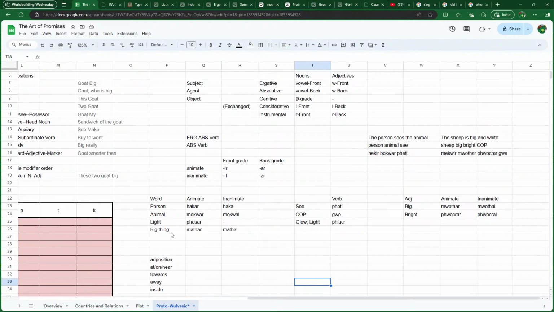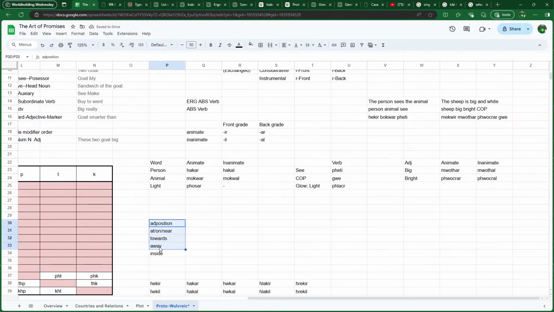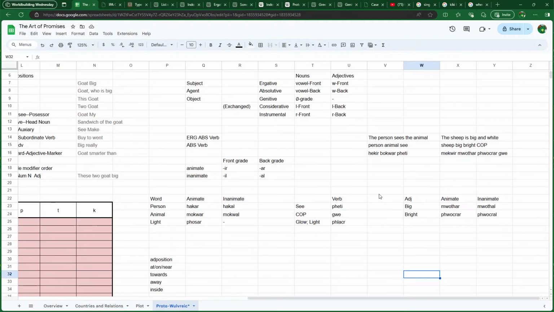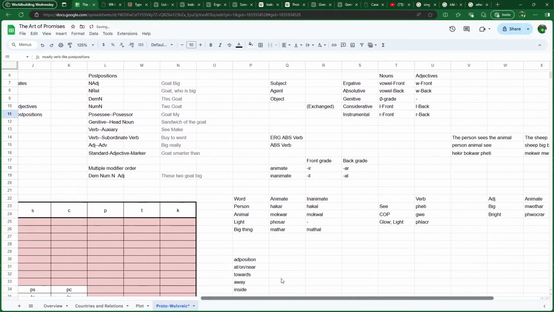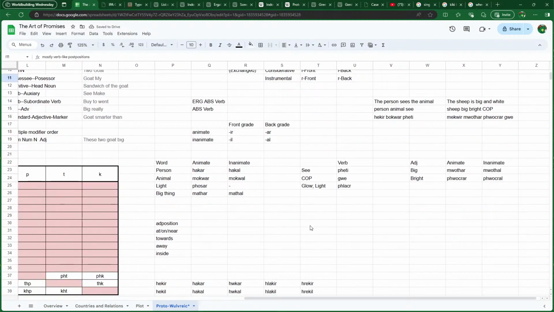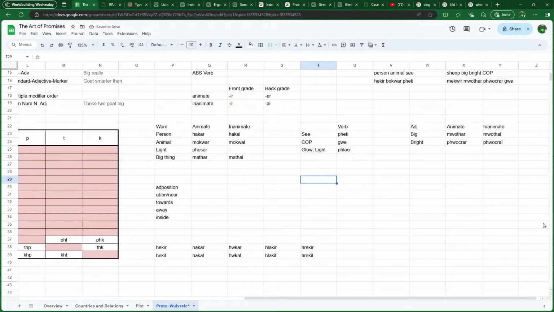What if we have noun-like postpositions, but verb-like adjectives? But then why would the adjectives agree for animacy, is the thing. I think we just deal with it.